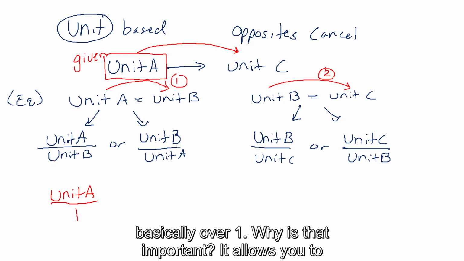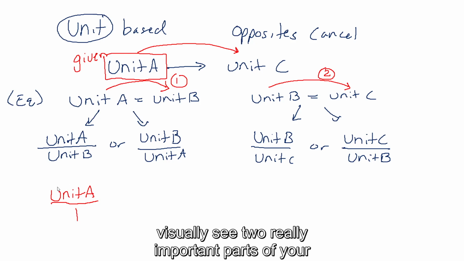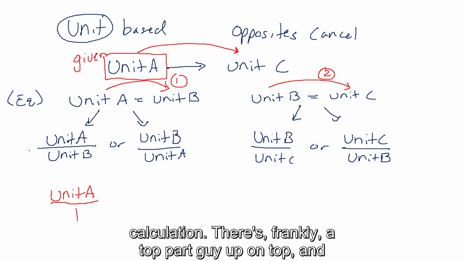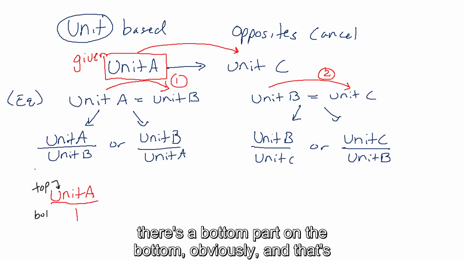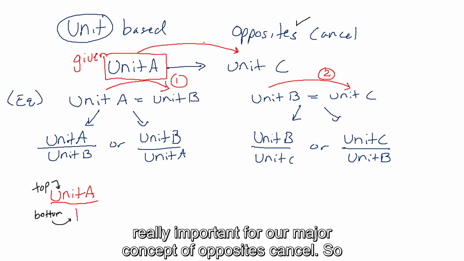Why is that important? It allows you to visually see two really important parts of your calculation. There's a top part up on top, and there's a bottom part on the bottom, obviously. And that's really important for our major concept of opposites cancel.